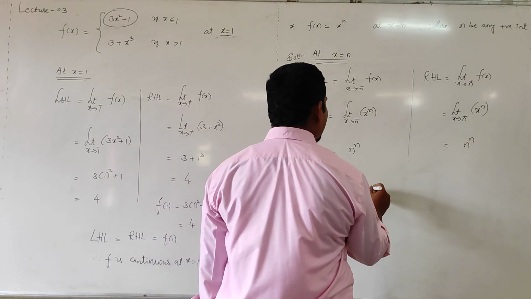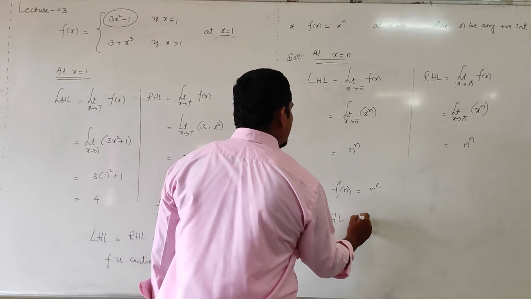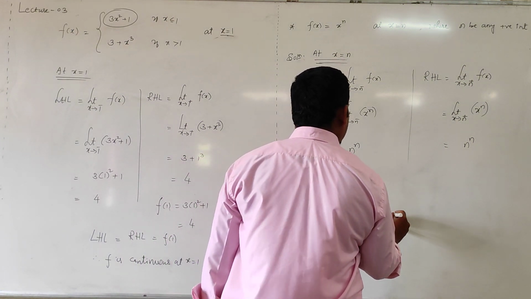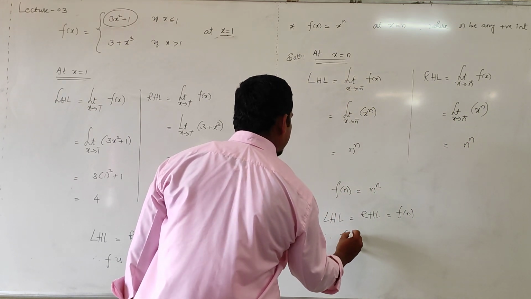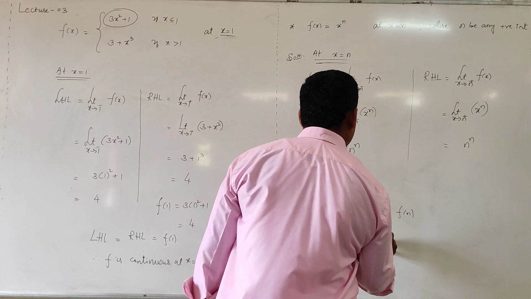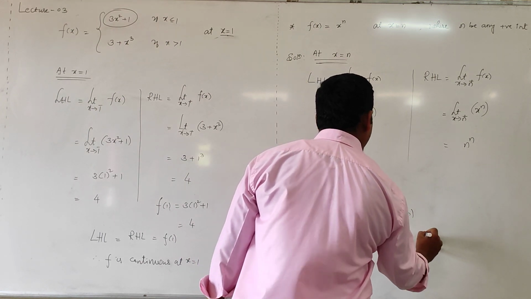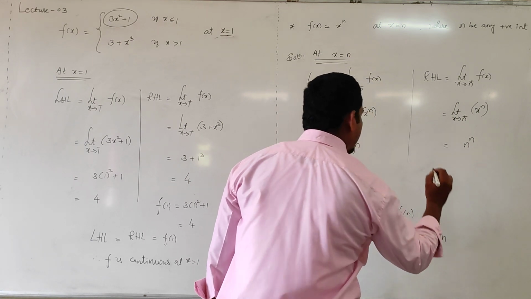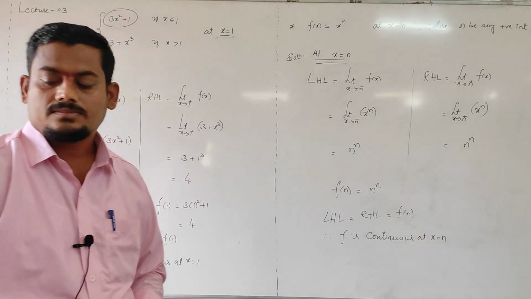Evaluate functional value, that is also n power n. LHL equal to RHL equal to f of n. Therefore, f is continuous at x equal to n. In this case, same function they have given.